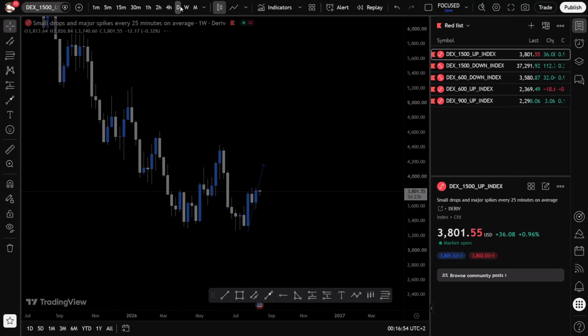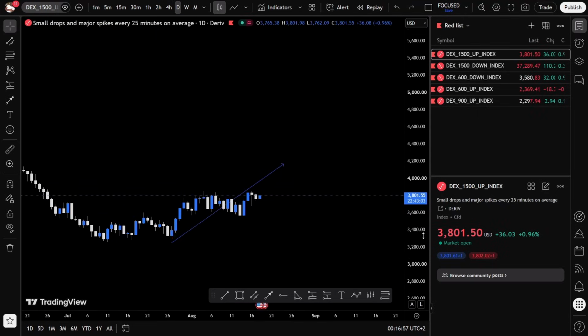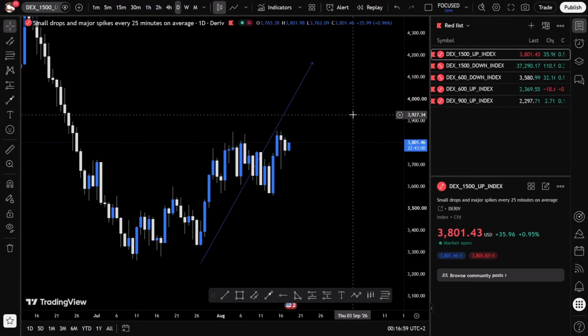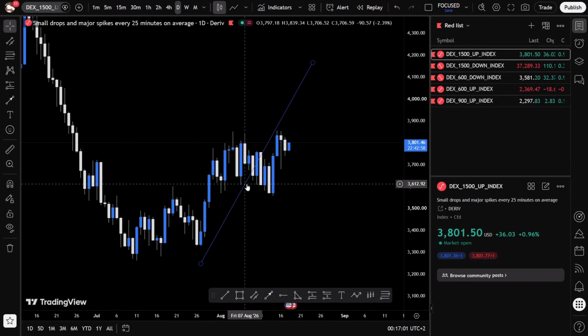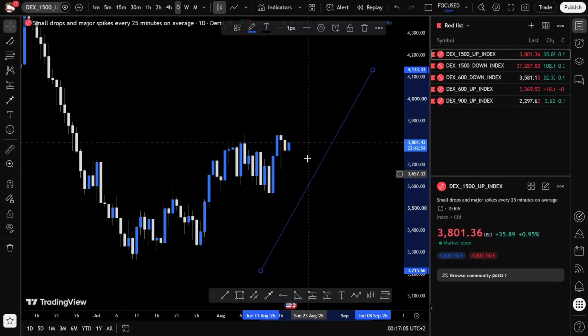So if we scale down to the daily, okay, this is the daily time frame, and let's just keep it in mind that price is headed to the upside on the weekly.